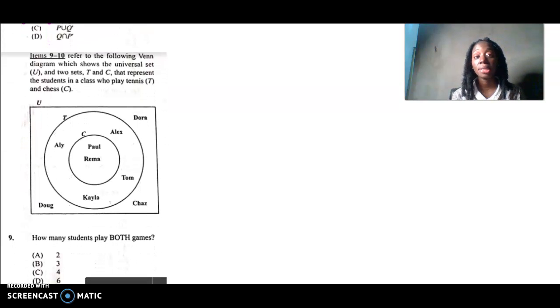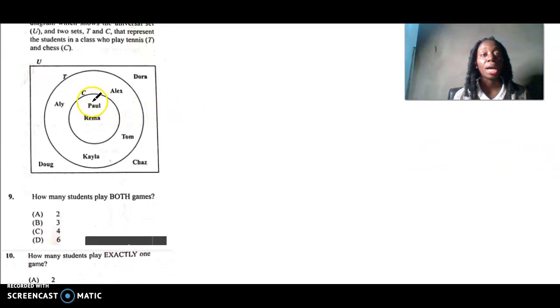Items 9 to 10 will refer to the following Venn diagram, which shows the universal set U and the two sets T and C that represent students in a class who played tennis and chess. So here we have our Venn diagram. Set T consists of Ali, Alex, Tom, and Kayla.